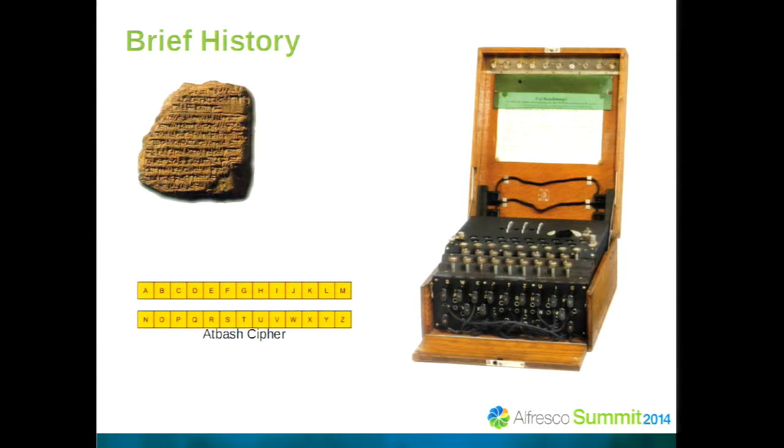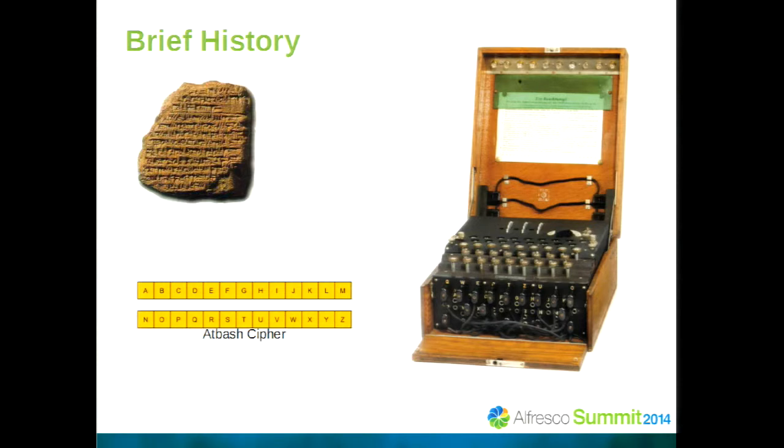Then it started to get big with World War I. The Zimmerman telegram, I don't know how many people know about that, but people say it's what caused the U.S. to enter World War I. The Germans had a cryptographic message to Mexico to form an alliance to join the war on their side.